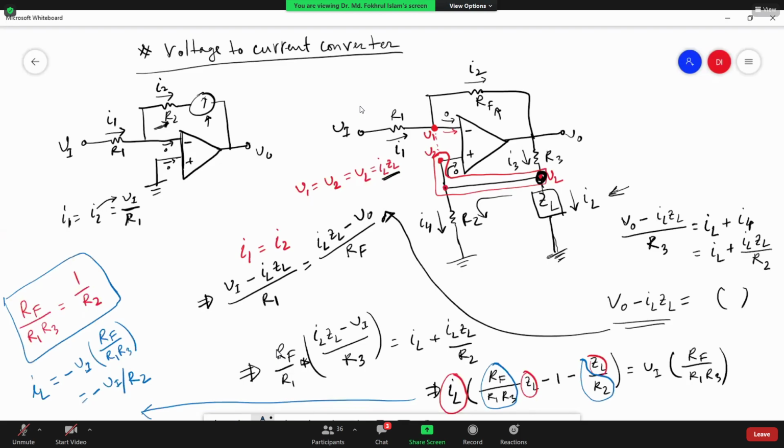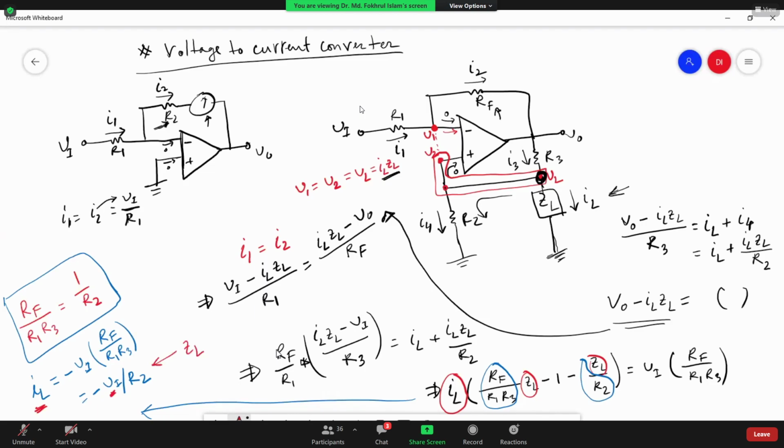So from this we can say that the load current is proportional to the input voltage VI, and also it is independent of ZL. There is no ZL here. The load impedance.